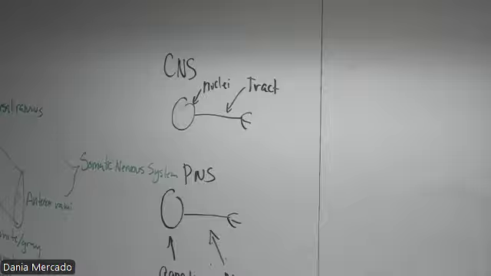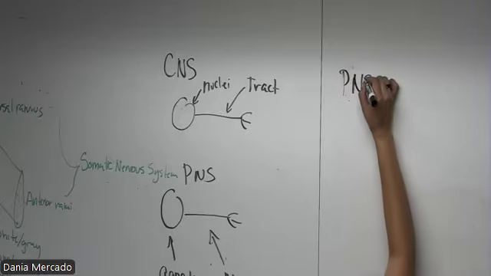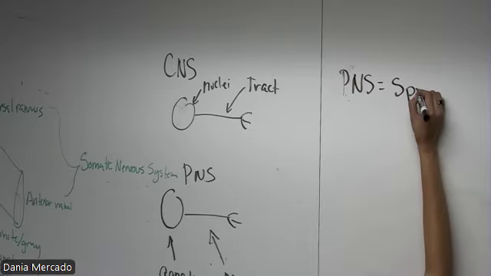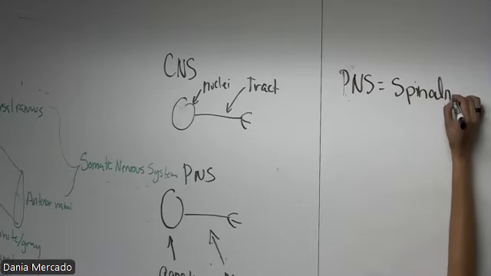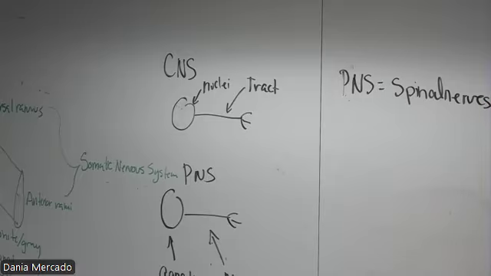From the peripheral nervous system, we're looking at anything that exits after that intervertebral foramen. So in the peripheral nervous system, we have two main kinds of nerves. You have spinal nerves and cranial nerves, right?